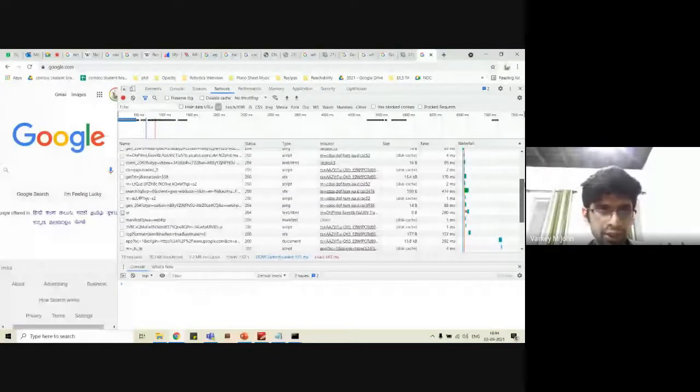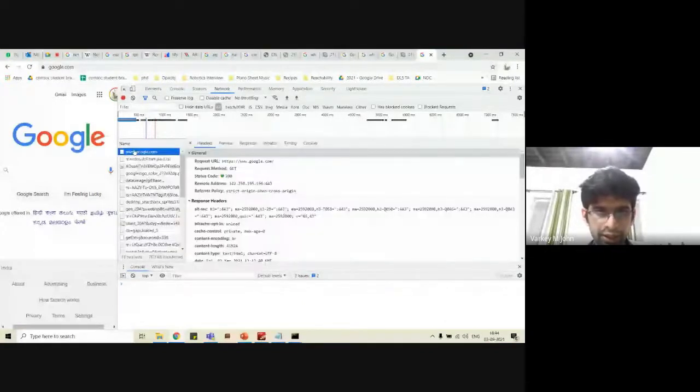If you click on this, you'll get all the data. This is what my computer sent. It requested this URL, used the method GET, and then it got the code. The server gave me the web page, and the remote address is the server's IP address, and the port is 443.